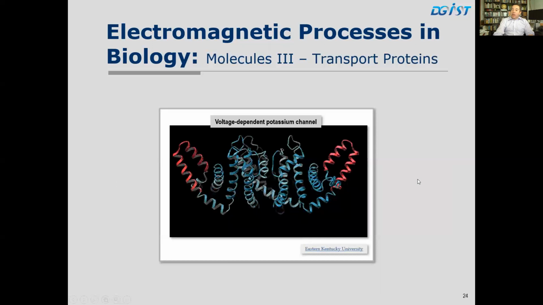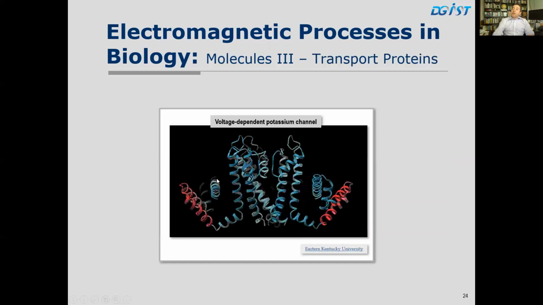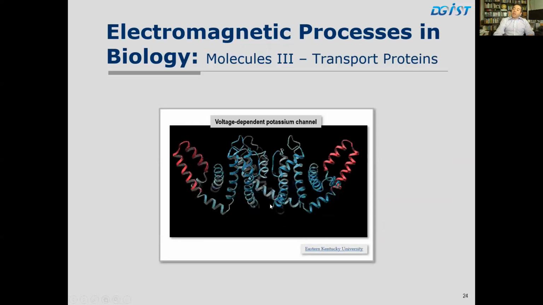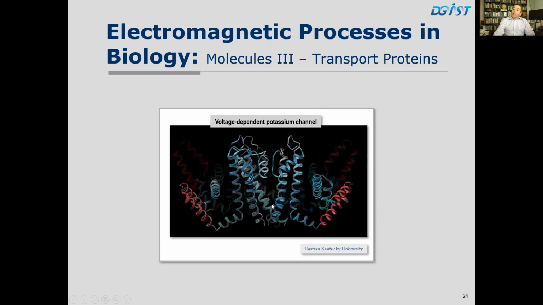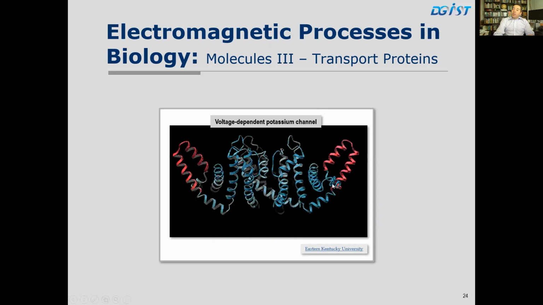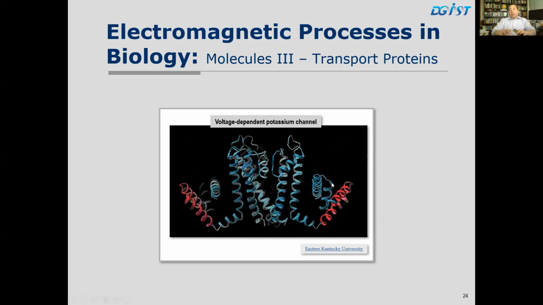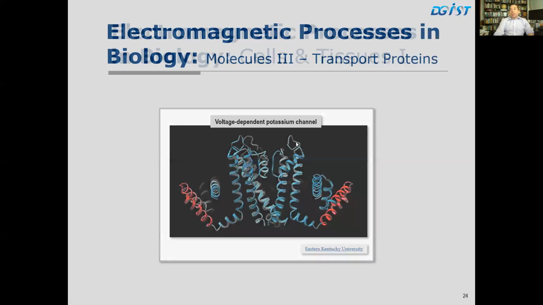So this is the membrane. It's stripped away, and you can see that this channel is opening up to allow potassium to go through, and the protein is actually shifting to open up for the potassium. And the shifting of this protein will be dependent on the voltage. And that's why we call it a voltage-dependent potassium channel.